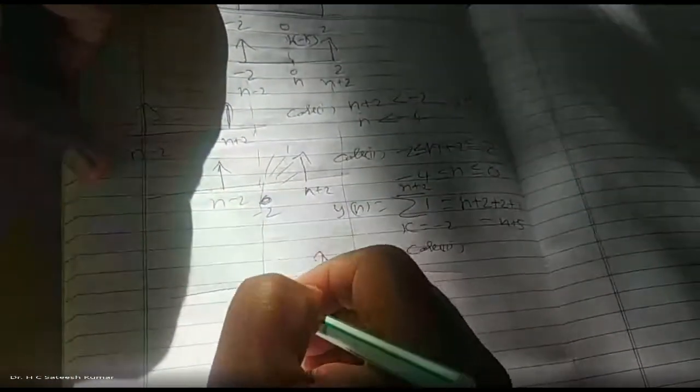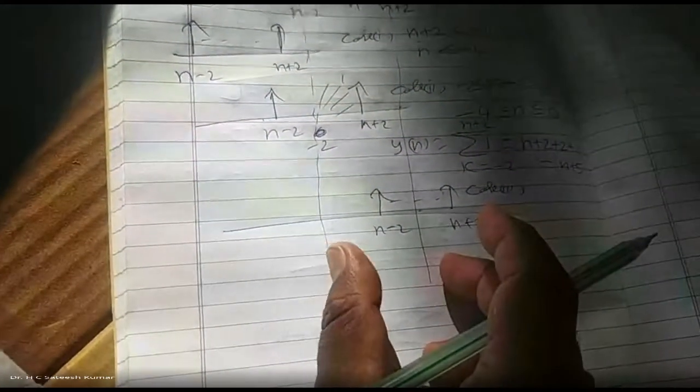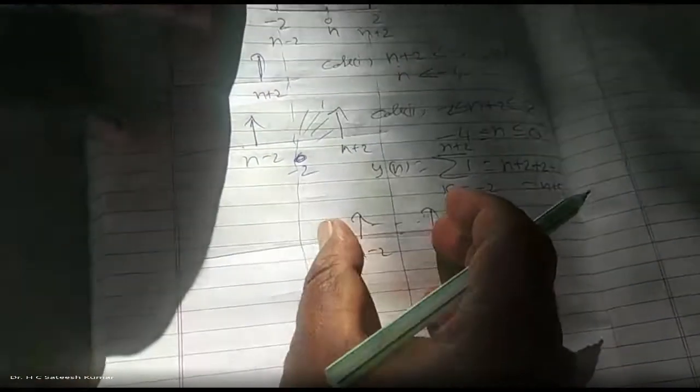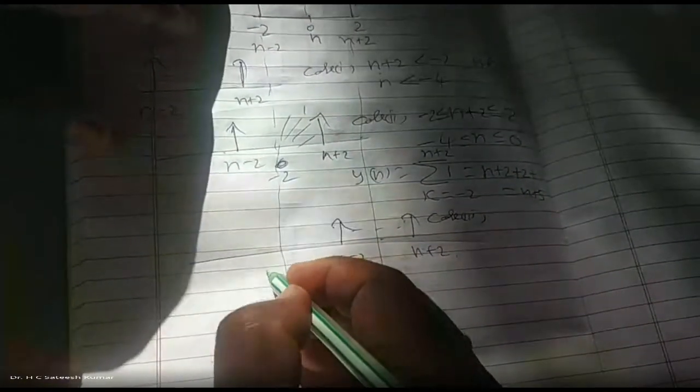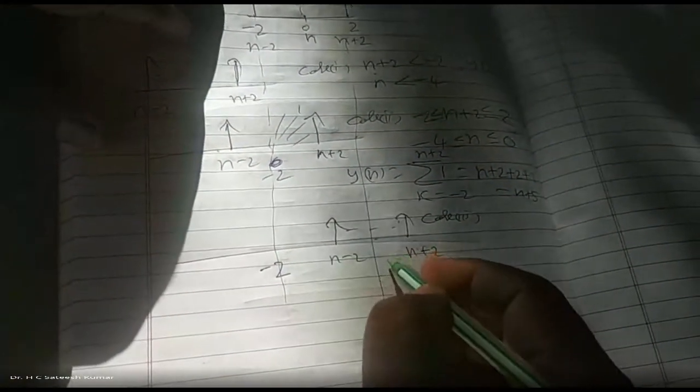When the right edge is moving between 2 to 6, let us say, the reason is the width of the second signal is 5 units. So instead, better to take the left edge itself. That is very easy. Minus 2 to plus 2.